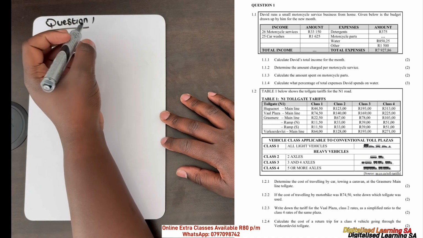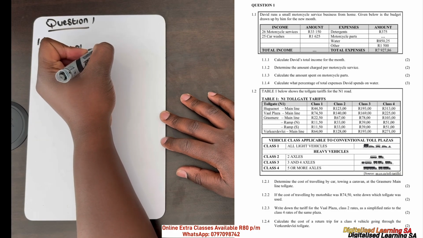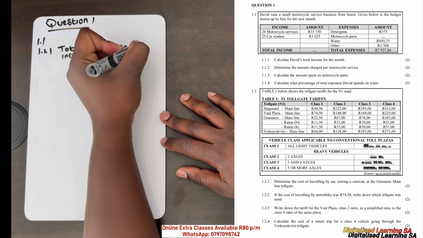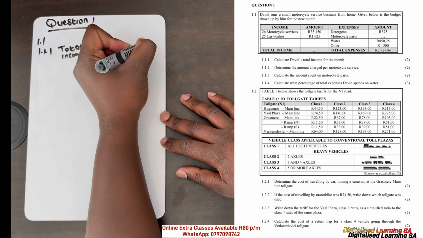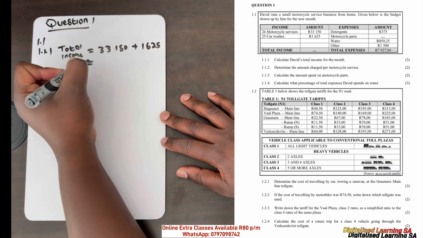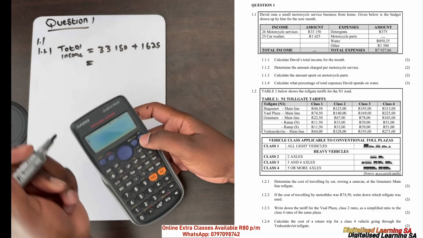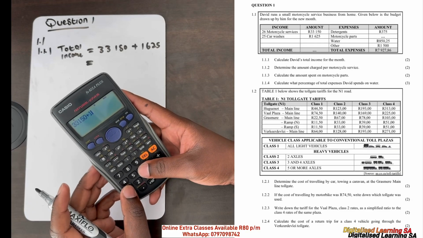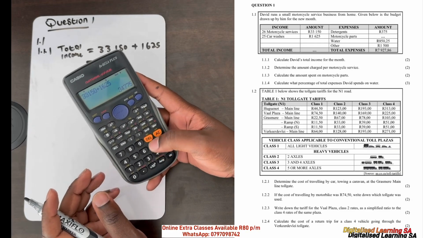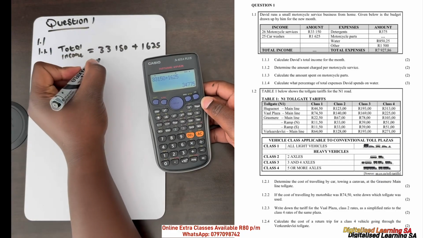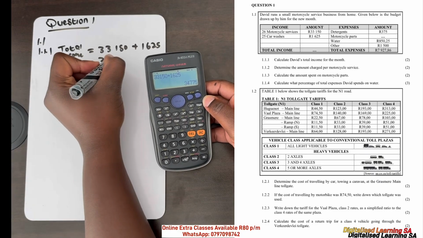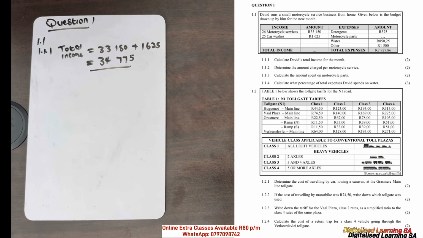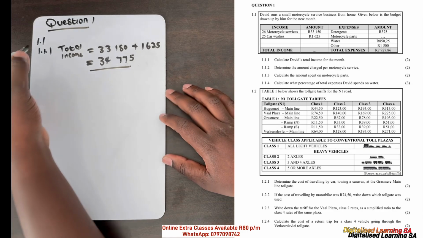So for our total income, we just have to add the two: 33,150 plus 1,625, and our total income will be 34,775. Now let's move to question 1.1.2.